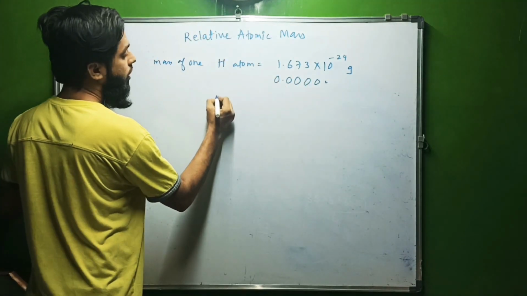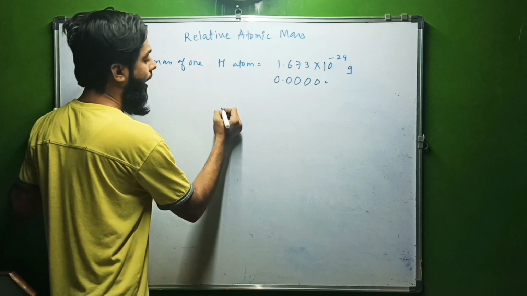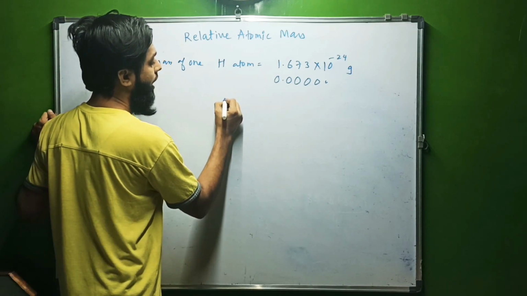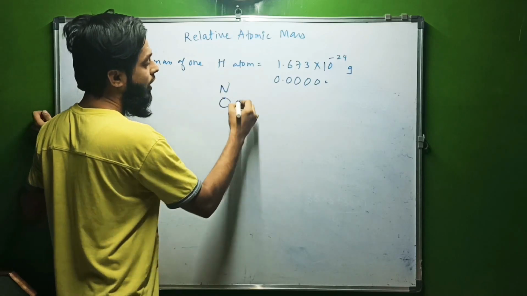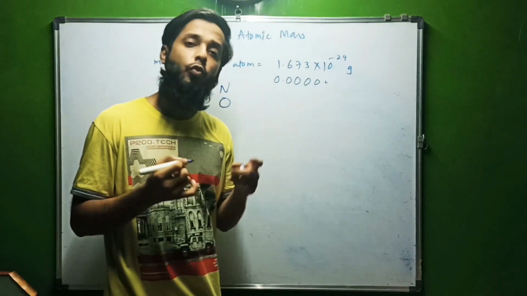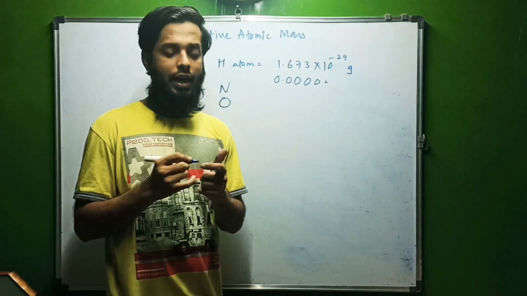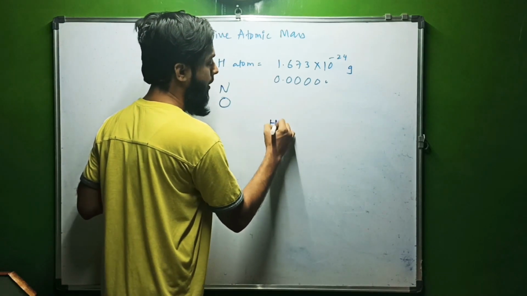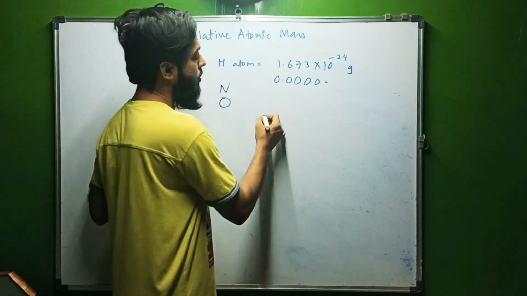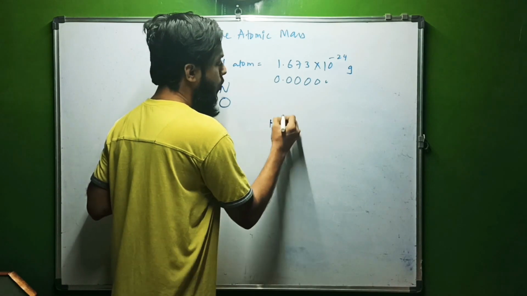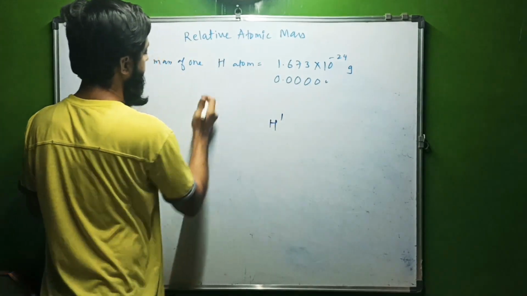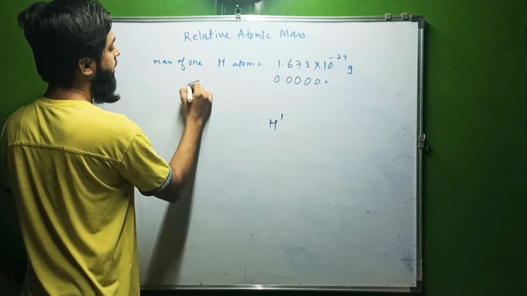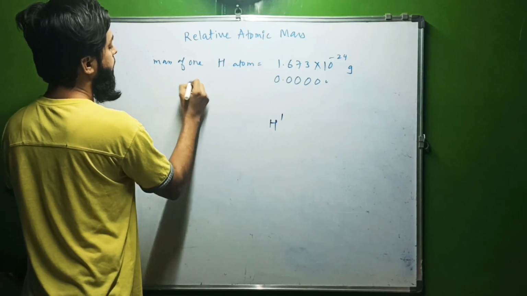So here, scientists compared the weight of, for example, oxygen, then nitrogen. They wanted to compare with the lightest element, that was hydrogen, because hydrogen was having 1 as a unit weight. So for example, let's make a balance.